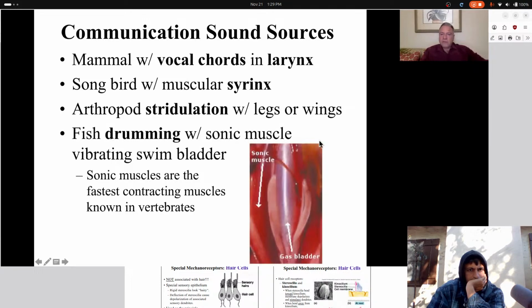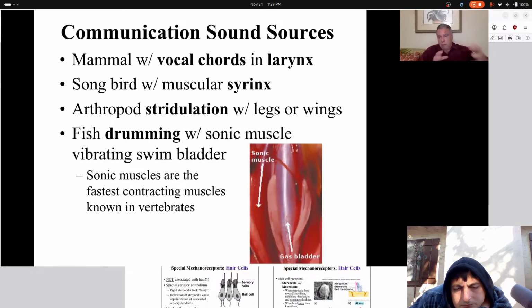Another way is in fish, which we'll talk about in lab coming up. Many of them have a swim bladder, which is an air-filled structure that they use for buoyancy. But if you have an air-filled structure and you vibrate it, now you've got a sound device, like a drum.